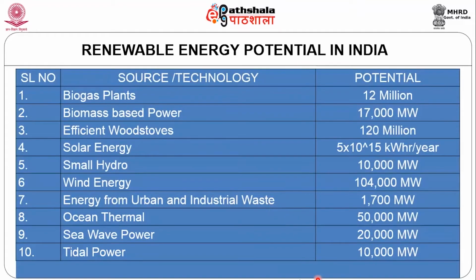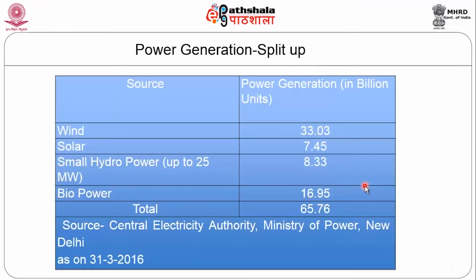This is about the potential of wind energy. When we look at it, we have 1,04,000 megawatt, which is a very high potential in the country. Out of this, around 30% we have already installed, and in a few years we can complete the entire potential for wind energy.